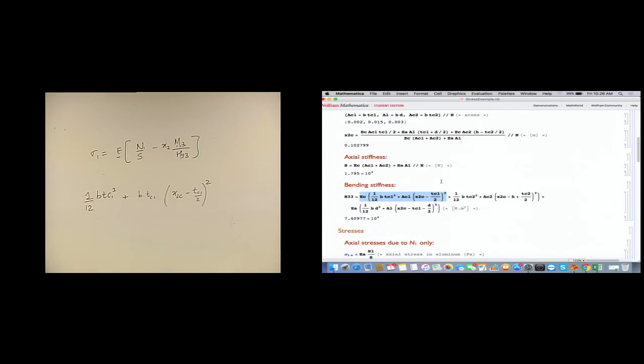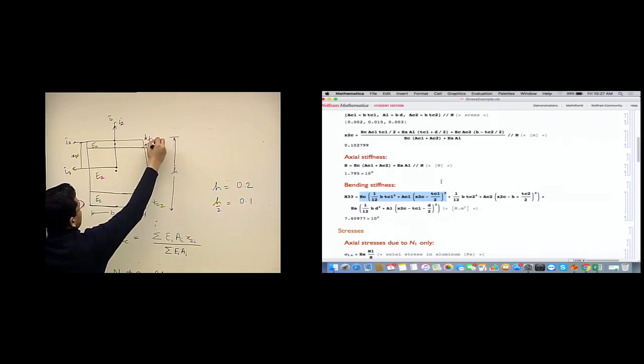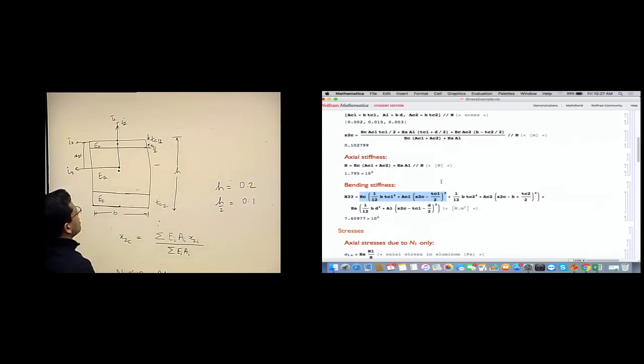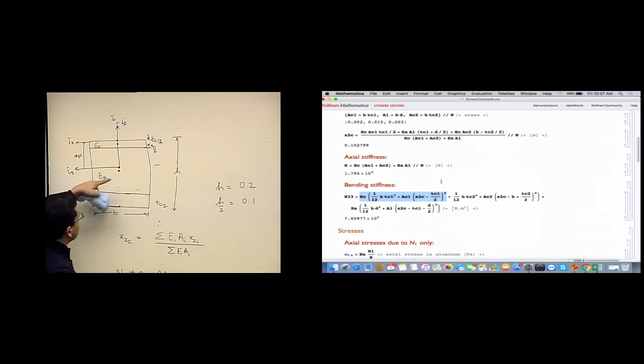So we are calculating H33 in this I2, I3 reference frame, and the distance from the centroid to the centroid of that layer is this distance x2 minus half of the thickness of the first layer. So x2 minus TC1 over 2. And we are taking the distance which is perpendicular to I3 and parallel to x2, I2.